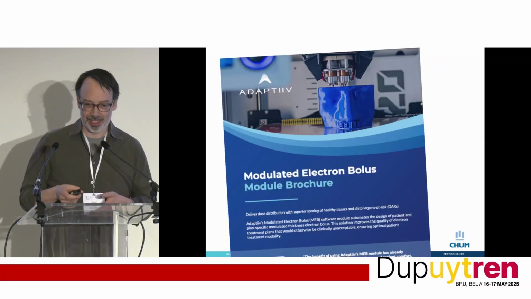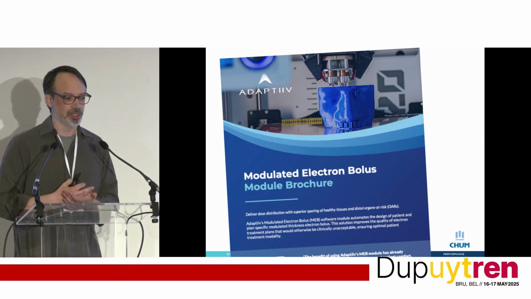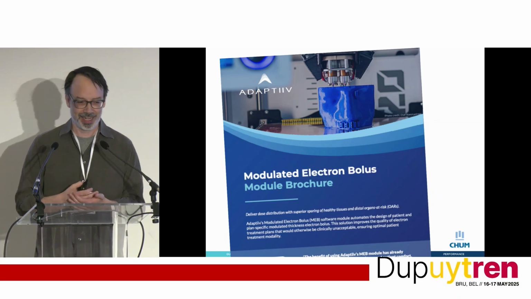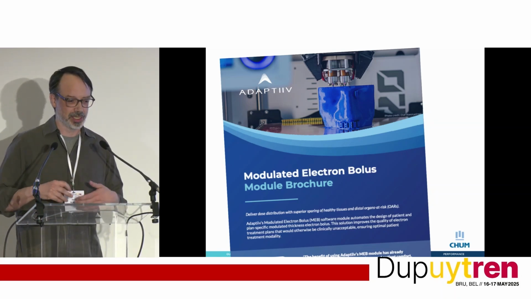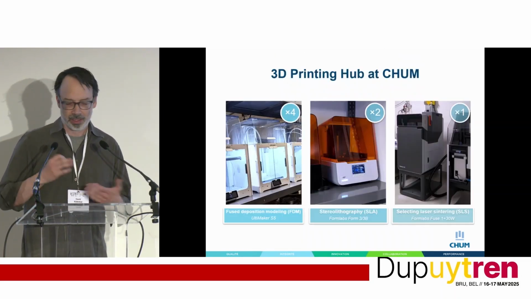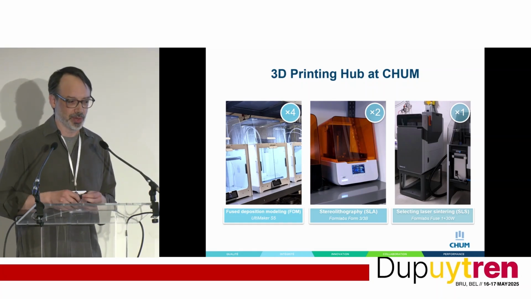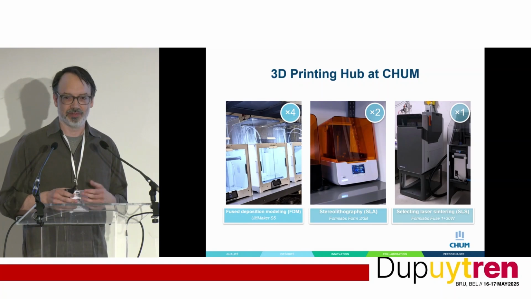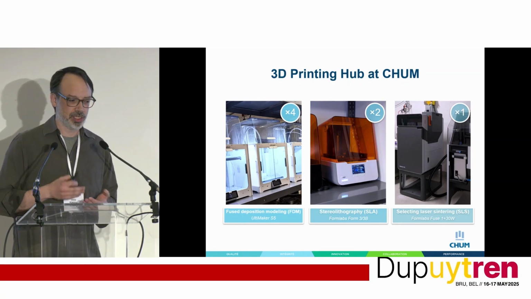I have no interest in this company other than some pride because it's a Canadian company, but we use a software from Canada that takes that shape that you want to create inside the patient and produces the file to send to the 3D printer. So we've built up a collection of 3D printers in radiation oncology. I think we have 7 or 8 now, and we have the different 3D printing technologies.